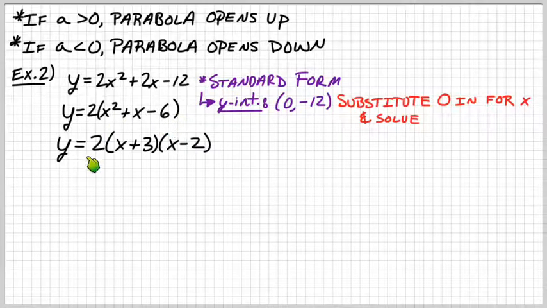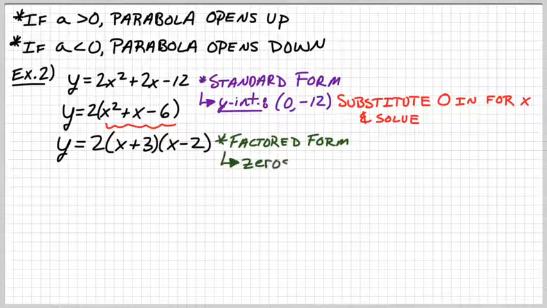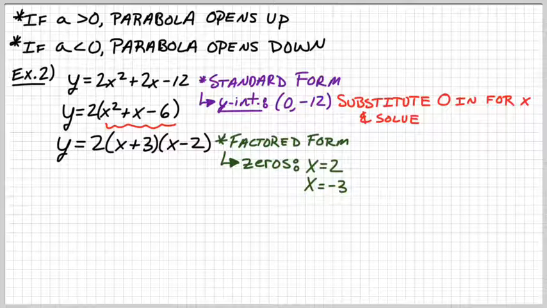And then I can factor that x squared plus x minus 6 piece: (x plus 3)(x minus 2). So right away I know my zeros too. I know my x-intercepts would be at -3 and +2. And this is factored form. So my zeros are at -3 and +2.